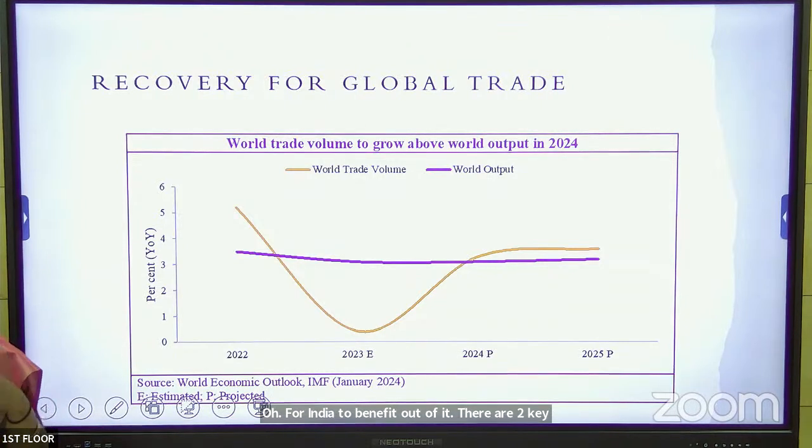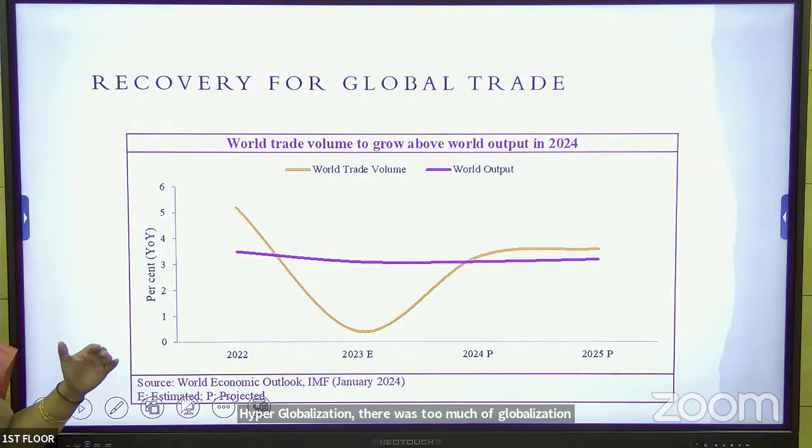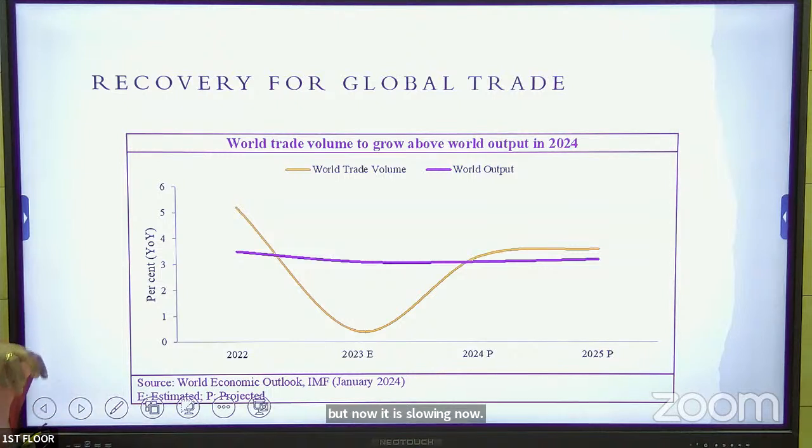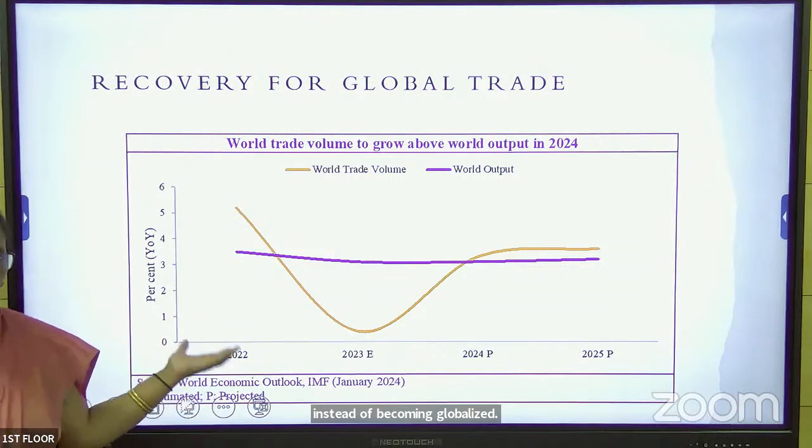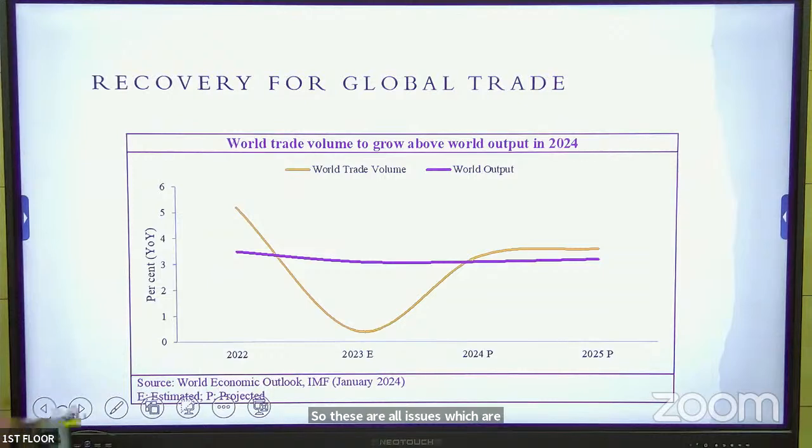One, geo-economic fragmentation. Then, slowing down of hyper-globalization. There was too much globalization, but now it is slowing down. The economy is also fragmented because groups of countries are being formed and it is getting localized instead of globalized. These are issues restricting world trade output, but now it's becoming better.